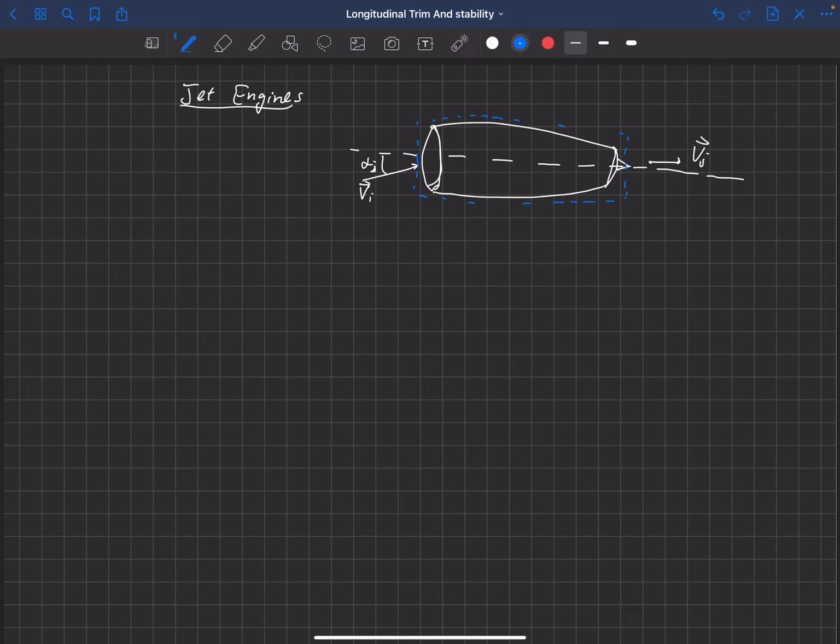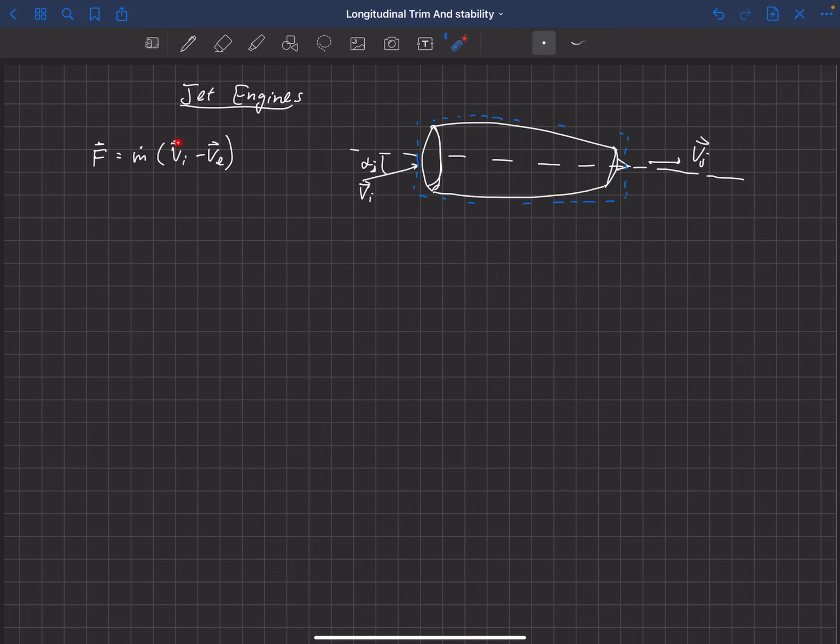So the total force that is produced by this engine is equal to the mass flow rate times VI minus VE. Usually we think of an engine as speeding up the flow, making VE much faster than VI, and because of that change in velocity, we get a lot of thrust, right?